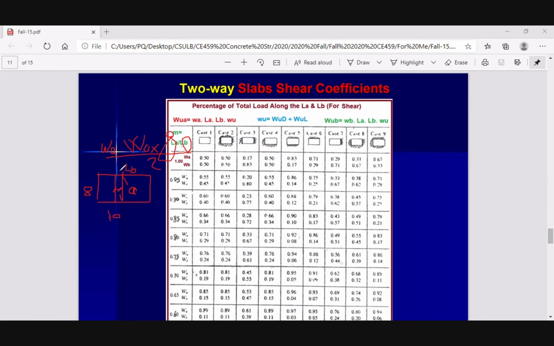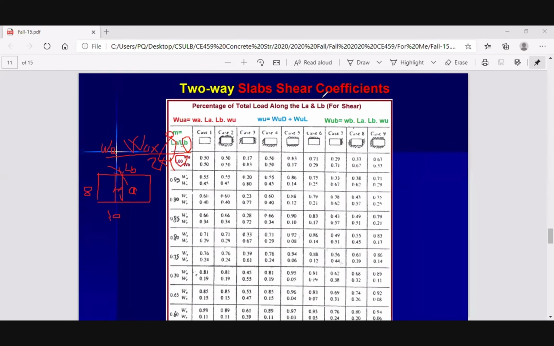Divided by 2 for one side. Divided by LB, that LB is 10 feet, will give us the reaction here for 1 foot, at either side.